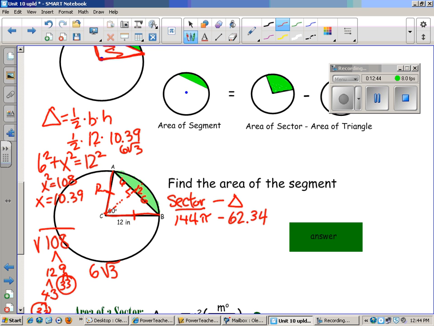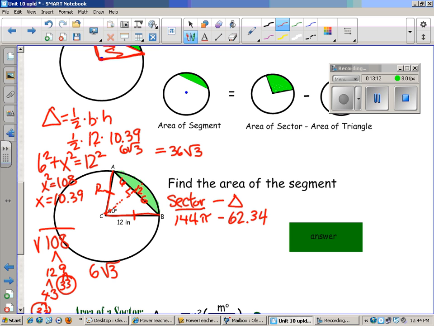So 1/2 base times height. But if I wanted the exact answer, instead of doing 1/2 times 12 times 10.39, I do 1/2 times 12 times 6 square root of 3. Because these two are the same thing, just written different ways. So if I wanted to have an exact answer, 6 times 6 is 36. So the triangle would be 36 square root of 3.